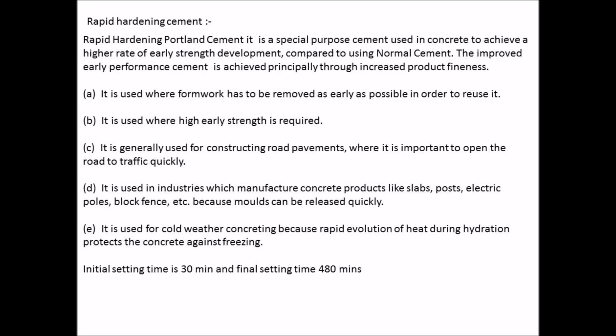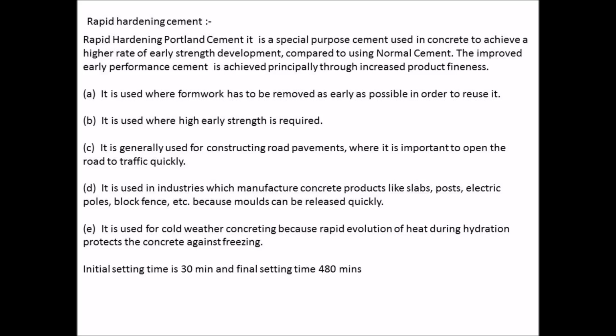So, rapid hardening cement. Rapid hardening Portland cement is a special purpose cement used in concrete to achieve a higher rate of early strength development compared to using normal cement. The improved early performance is achieved principally through increased fineness. First, it is used where formwork has to be removed as early as possible in order to reuse it.